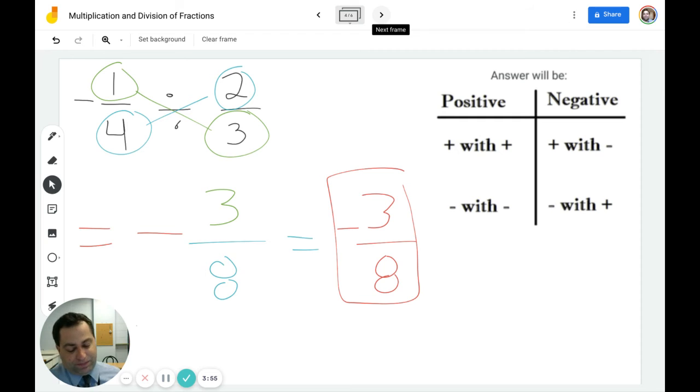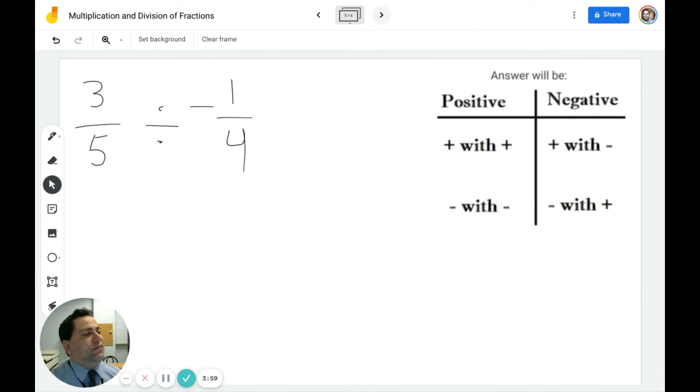Let's try another one. In this problem, we have 3/5 divided by negative 1/4. The first thing you have to determine is what our sign is going to be. I have a positive and a negative. Those are opposite signs. Therefore, I know my answer is going to be negative. Starting in the upper left, we're going to multiply by the lower right. 3 times 4 is 12.